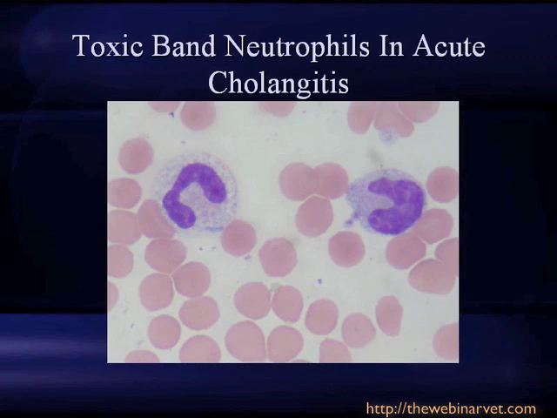And the cell on the right is actually an even earlier version of a neutrophil than a band neutrophil. That's called a metamyelocyte. And it implies that the bone marrow is having to churn out white cells very quickly. In other words, that there's a suppurative inflammatory response going on, a very acute neutrophilic inflammatory response going on.